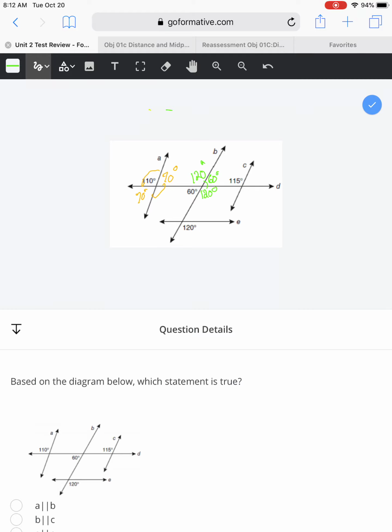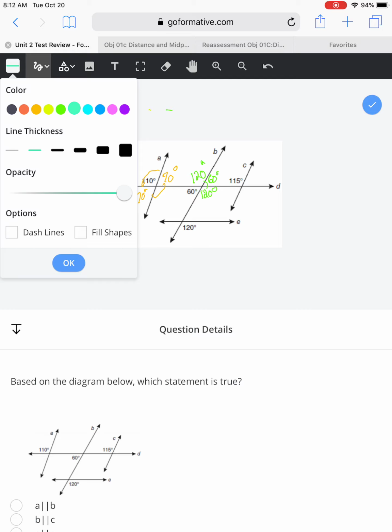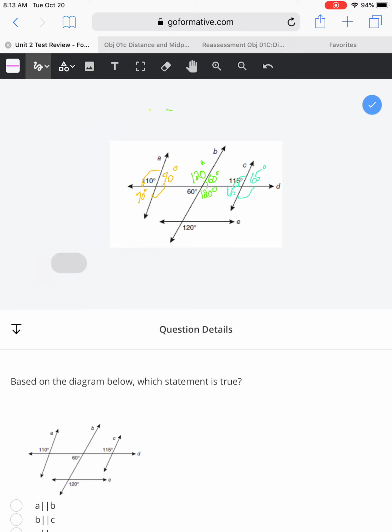This is also 120. I go to the next one. This is 115. This angle is 115. This angle right here is going to be 65 degrees, so is this one, and then I go to the bottom. This one angle is 120, this is 120, this is 60, this is 60.